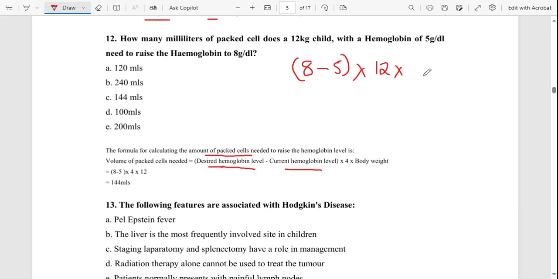And then multiply by 4, which is a constant. 8 minus 5, that's a 3. 3 by 4, that's a 12. 12 by 12, that's 144. So that will give us 144 mils. That is going to be the number of milliliters of the packed cells that are going to raise this hemoglobin.